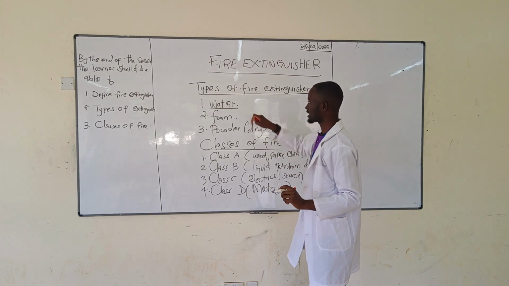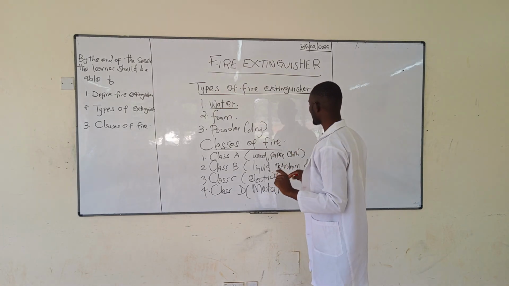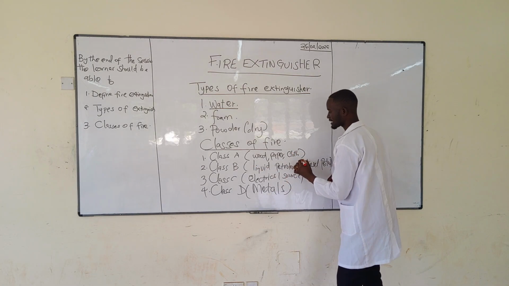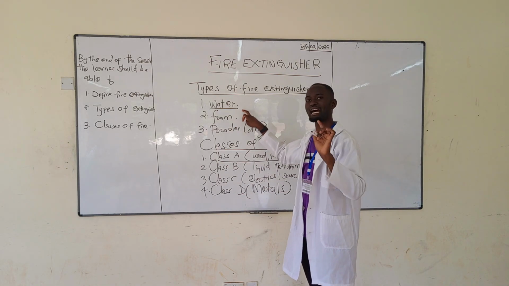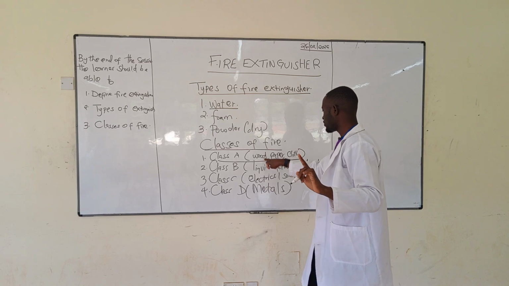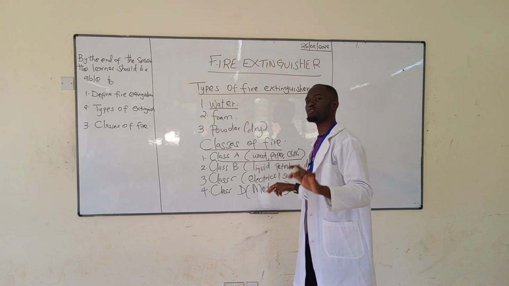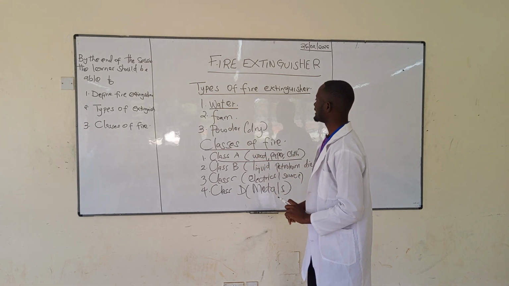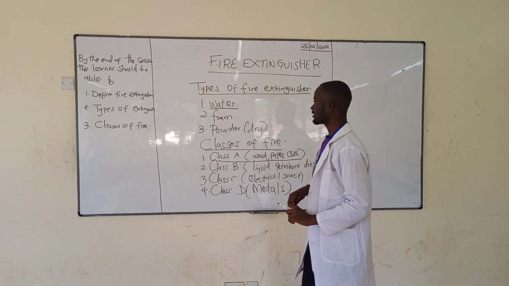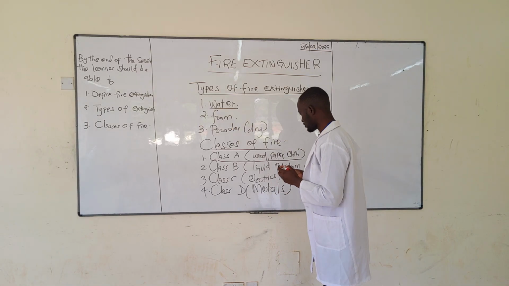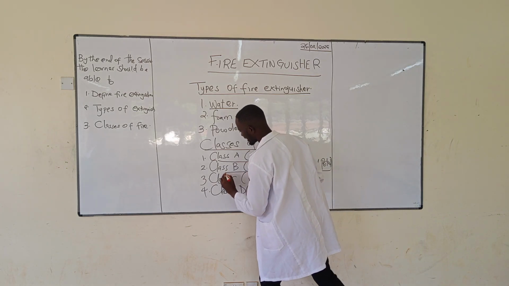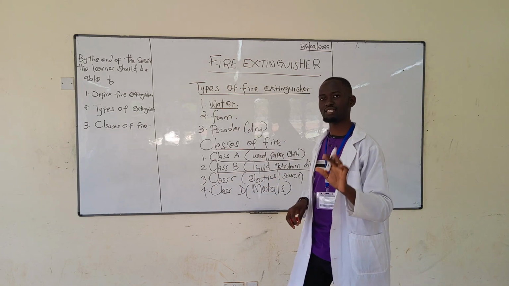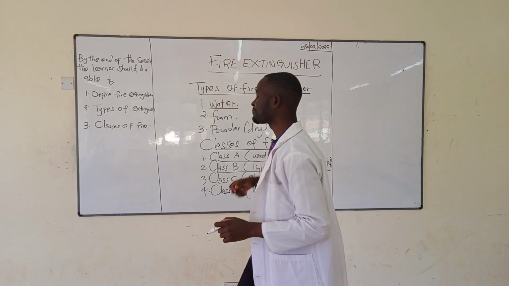A water extinguisher is able to put out class A, so it is suitable for using a water extinguisher to put out a fire caused by wood, paper, cloth. Then we have foam. Foam is used to curb fire caused by class B, which is liquid, petroleum and diesel.